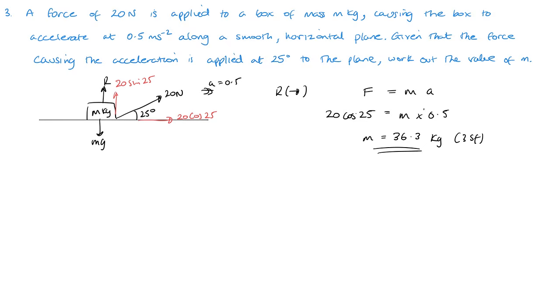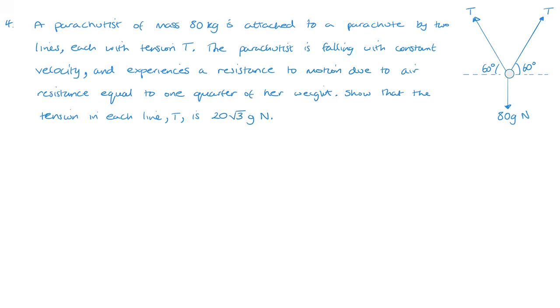While these are exam questions, past exam questions, there are obviously more to them in the actual exams. These would just be like the part A's and so on for these exam questions. Anyway, let's jump into question 4. So we've got a parachutist of mass 80 kilograms attached to a parachute by 2 lines, both with tension T. The parachute is falling with a constant velocity.